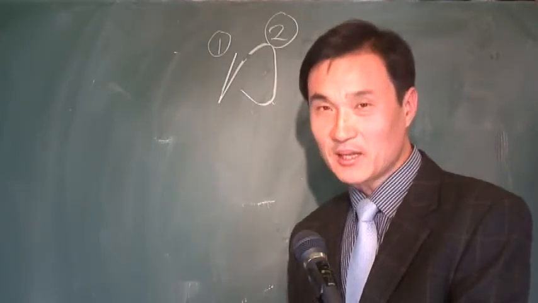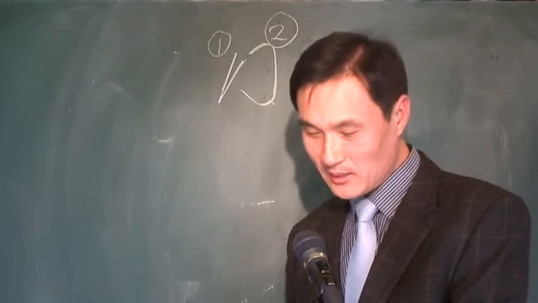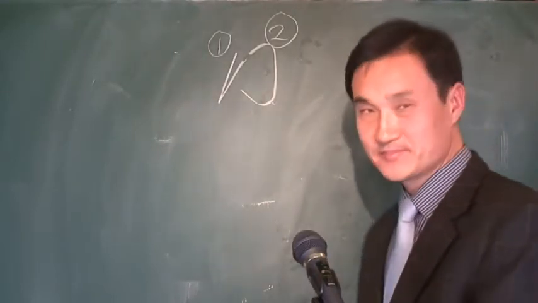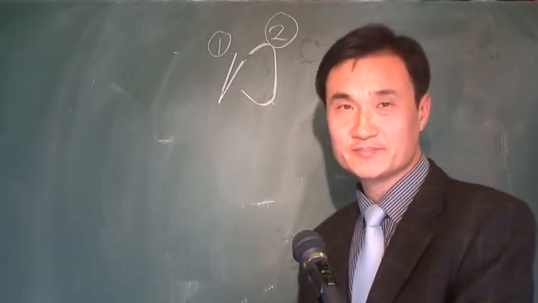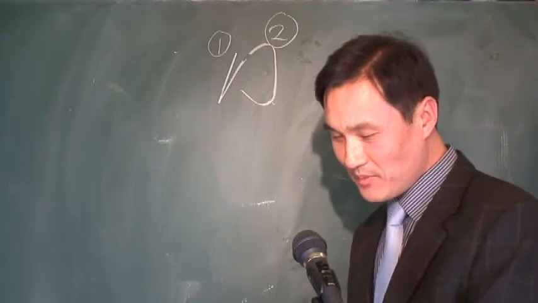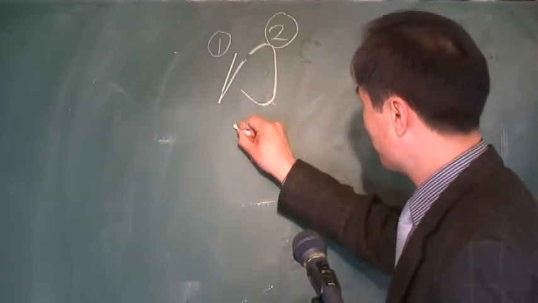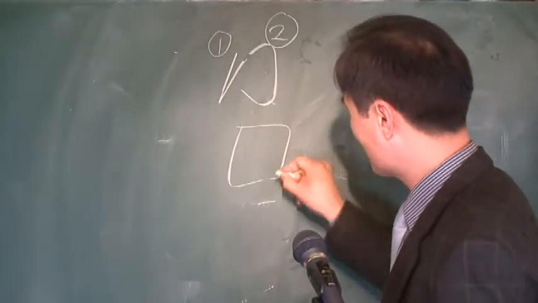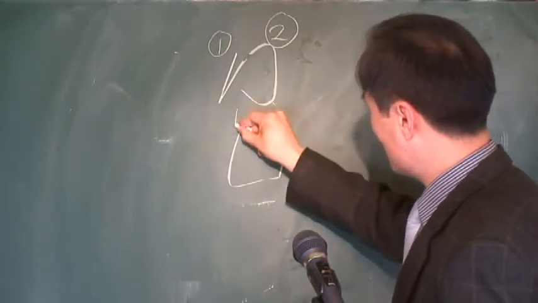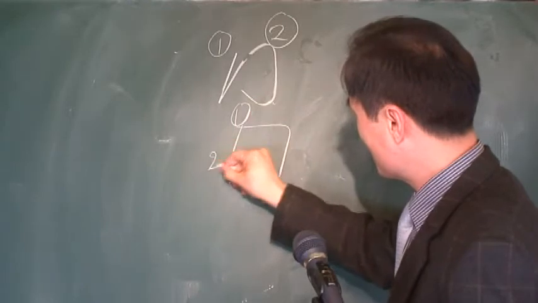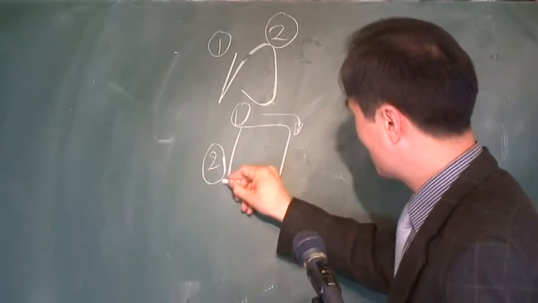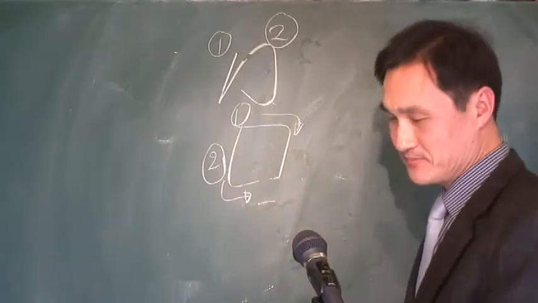When it comes at the end of a word, its shape changes. Mem looks like this. This is first, and this is second.